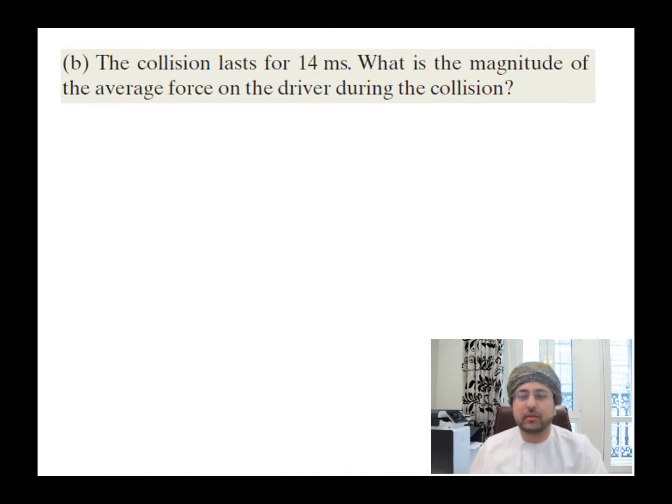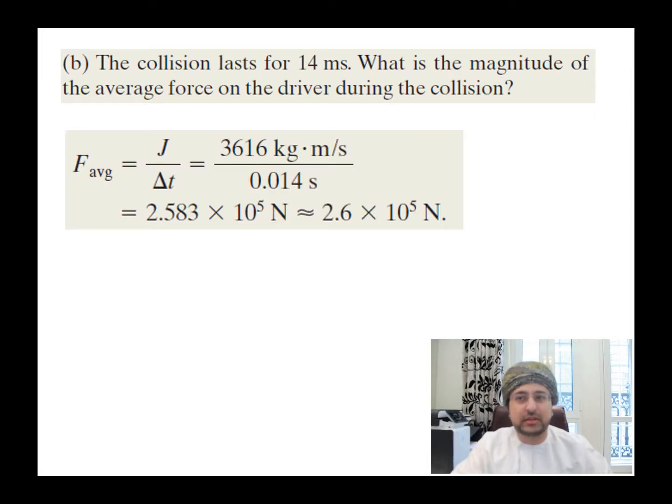This is all fine, but now the question is, the collision lasts for 14 milliseconds. Car accidents are usually very, very quick. What is the magnitude of the average force on the driver during the collision? Now this is where impulse is important. This is where that 3600 comes into play. We said force is what?